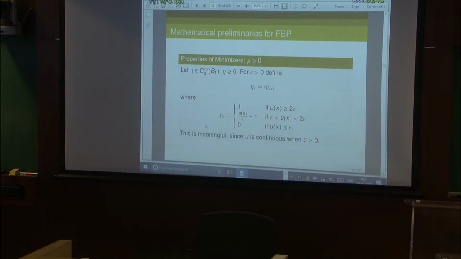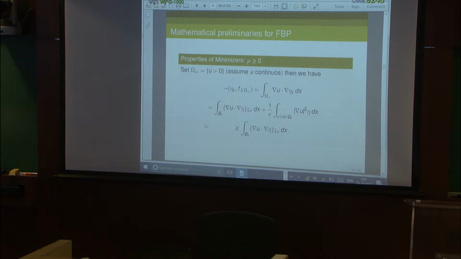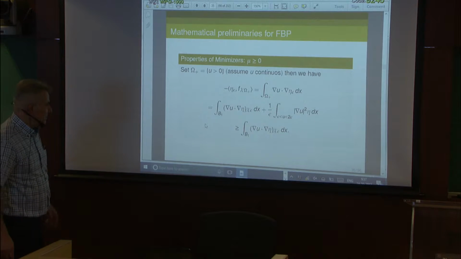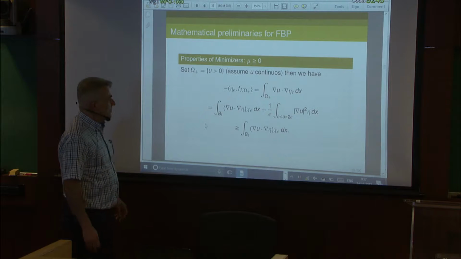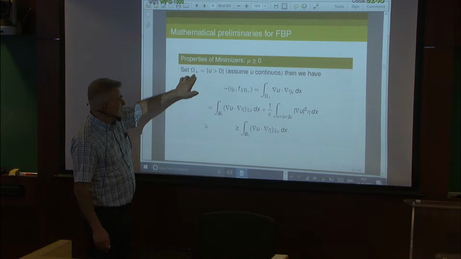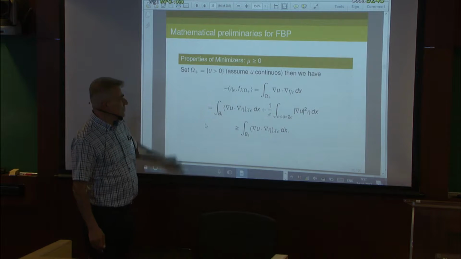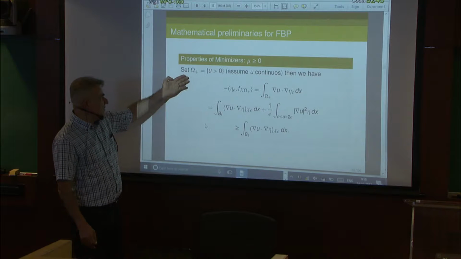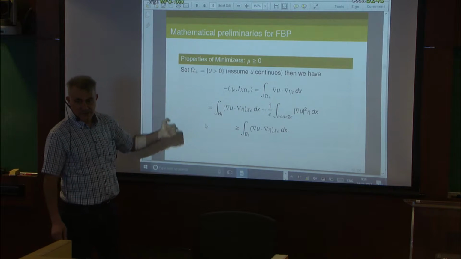So this is our function, and we'll see how we're going to use that. Now we're going to use a lot of classical analysis. We take omega plus, which is the set where u is strictly positive, and you're assuming continuity. So it's well defined. So this is an open set.